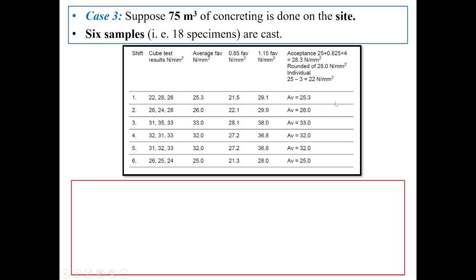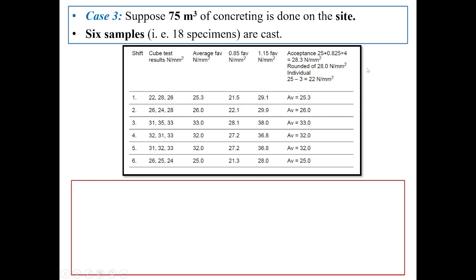Now again, as per IS code, acceptance when the samples are 4 or more than 4 is nothing but FCK plus 0.825 into standard deviation. So acceptance is 25 plus 0.825 into 4, that is 28.3.